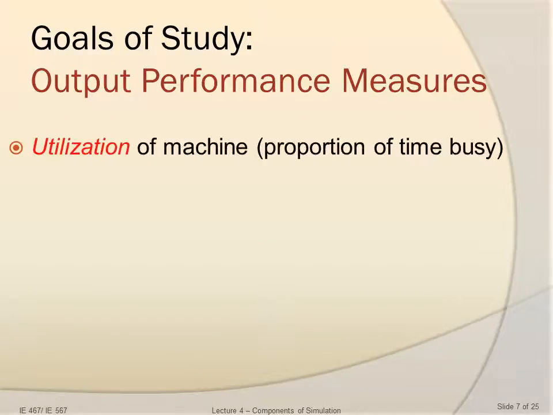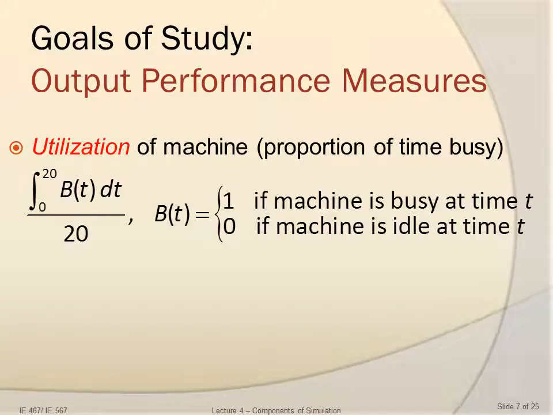We also want to know utilization of a machine. That's an important output performance measure. Utilization of a machine means the proportion of the time that the machine is busy. And this is how it can be calculated. First we look at B(t), which is either 1 or 0 at each time, depending on whether the machine is busy at that time or if it's idle.